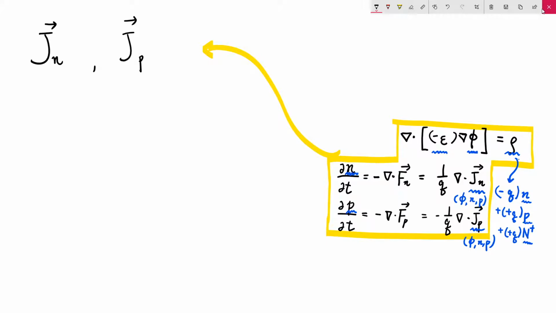Usually in our computation lecture in previous years, we spent quite a long time explaining how to derive J sub n and J sub p, mainly J sub n, from the Boltzmann transport equation.